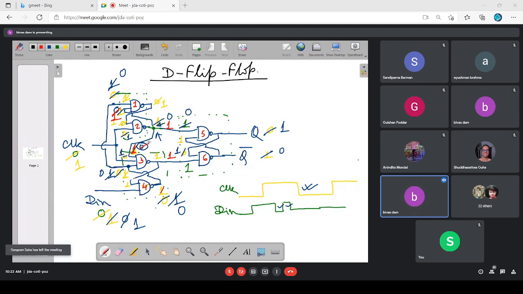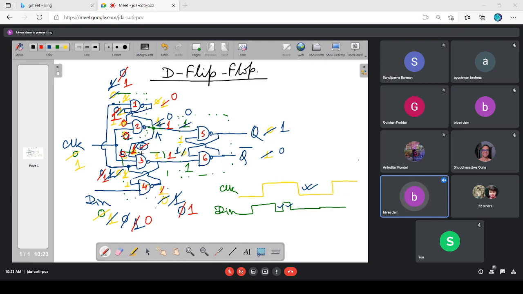No. Now, in the meantime, my D in had become already 0. So this was already 1. So that 1 is supposed to be available here as well as here. So this NAND gate inputs are 1, 1. So output must be 0. So this is 0. Here also it is 1. Clock is 0. So these two are already 1. So that's the situation.